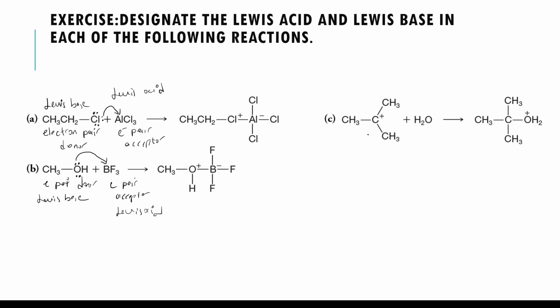And the last option, we have a carbocation, tertiary butyl carbocation, and water. And what is happening? It's a combination reaction, an addition reaction. Water will be added to the carbocation from oxygen. If you look at the product, there should be a bond formation between carbon and oxygen.